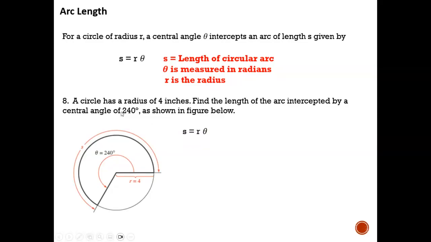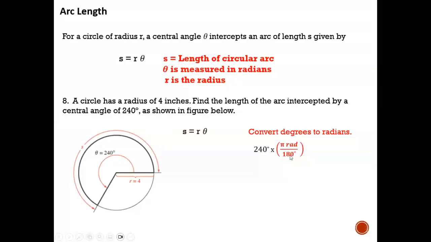So here, before I continue on, I need to convert the 240, which is in degrees, to radians. So we're going to use what we just previously did. We have the value 240 in degrees. I'm going to multiply by pi over 180 and reduce. When I reduce that, dividing 240 by 180, I get 4/3 pi.